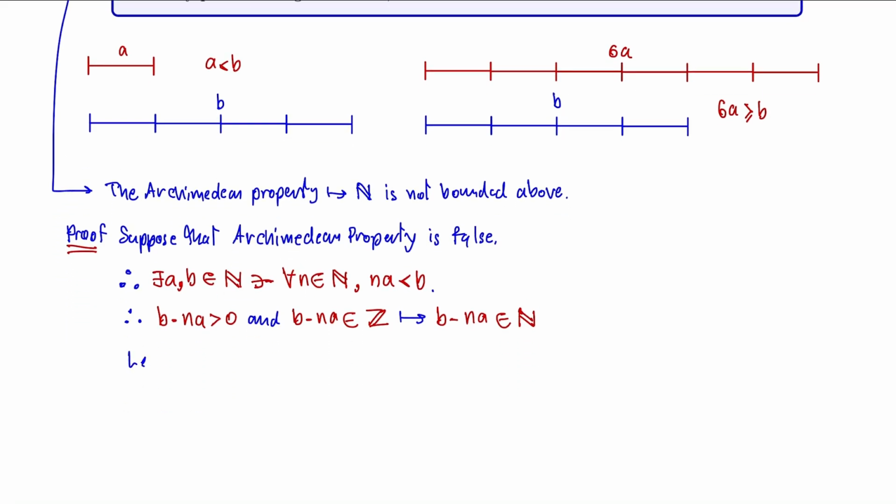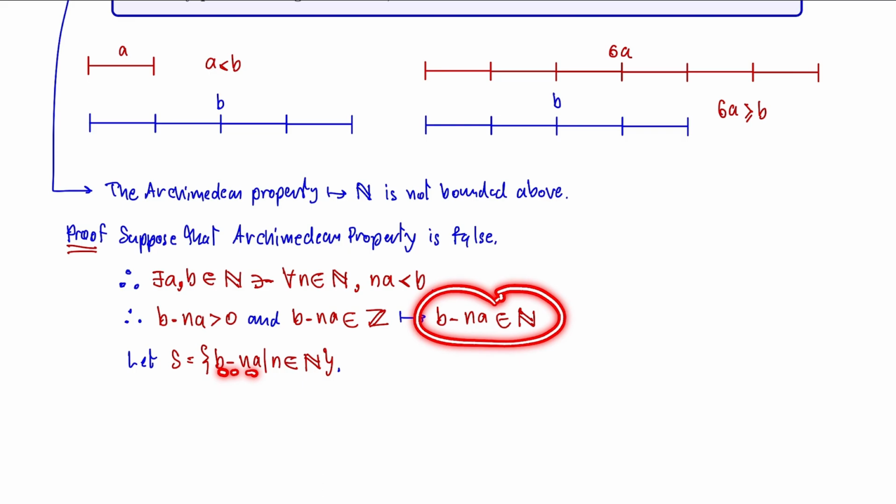So let S be the set of b minus na, where n is a positive integer. Since b minus na is a positive integer, this set must contain positive integers.